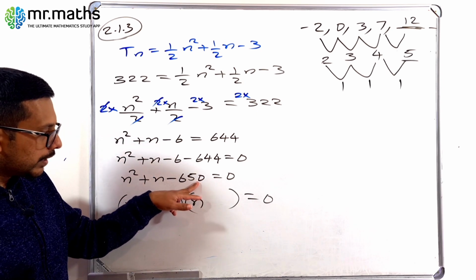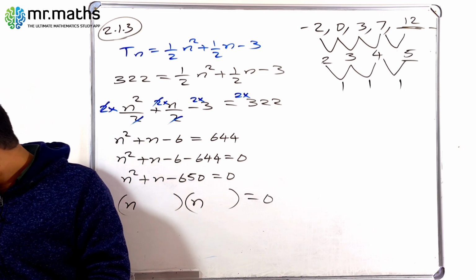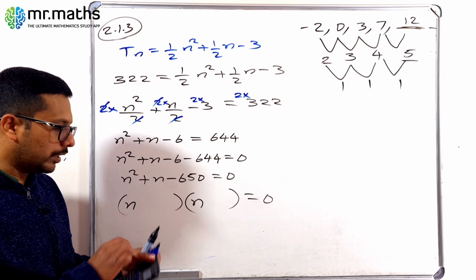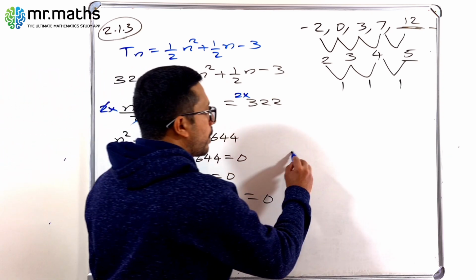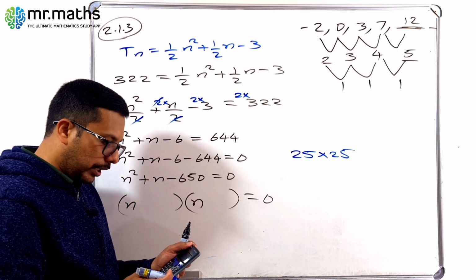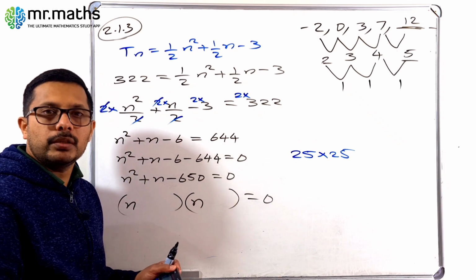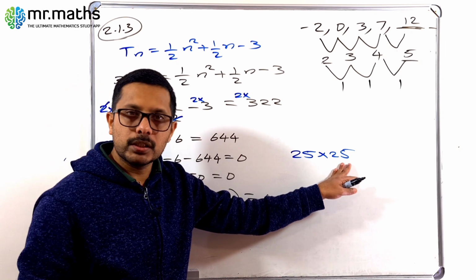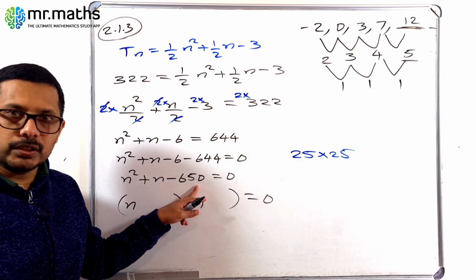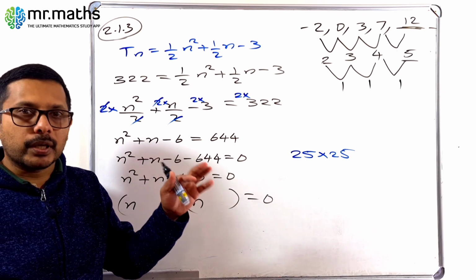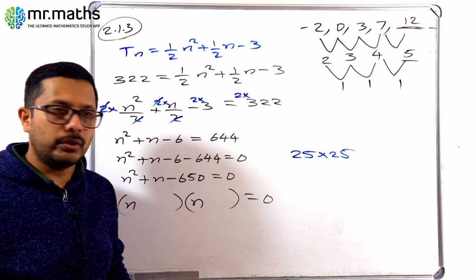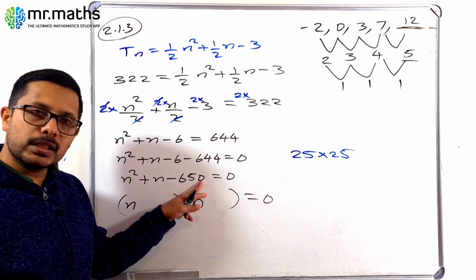Now 650, let's take, say, 25, check what is 25 times 25. 25 times 25 is 625, what is the product we want, 650. So somewhere there is our number, because when we multiply 25 times 25 it is 625, so we want 650.